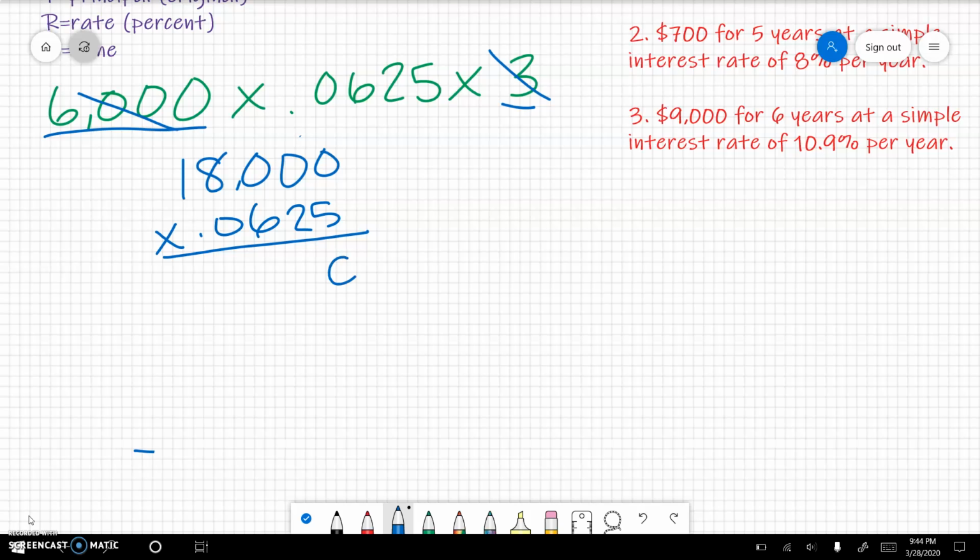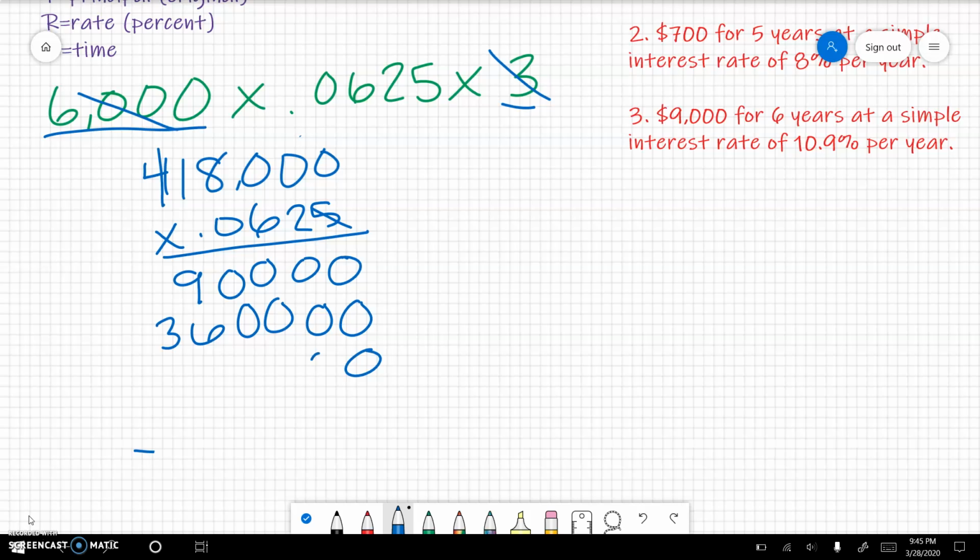So I have 5 times 0 is 0, 5 times 0 is 0, 5 times 0 is 0. 5 times 8 is 40, 5 times 1 is 5, plus 4 is 9. Placeholder 0. 2 times 0, 2 times 0, 2 times 0. 2 times 8 is 16, 2 times 1 is 2, plus 1 is 3. 2 placeholder zeros, I'm going to cross those out too because that's confusing me. 6 times 0 is 0, 6 times 0 is 0, 6 times 0 is 0, 6 times 8 is 48, and 6 times 1 is 6, plus 4 is 10.